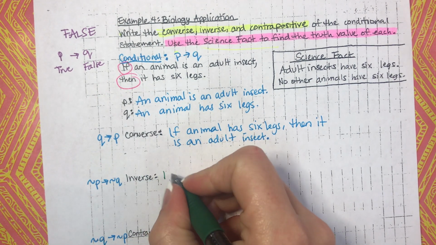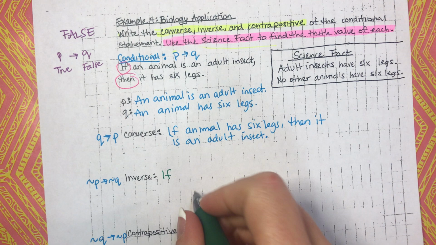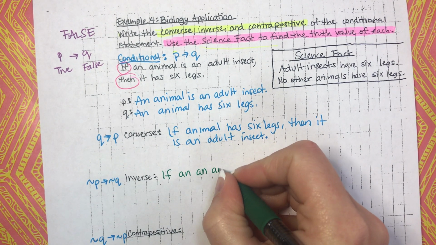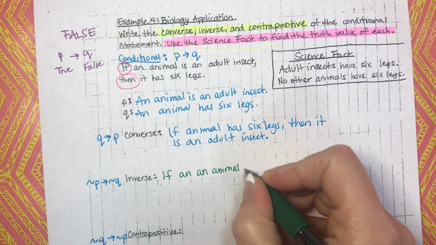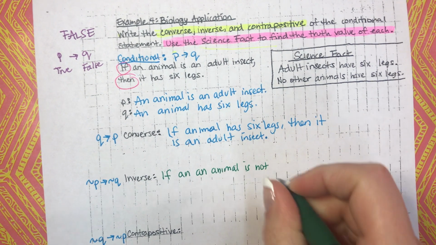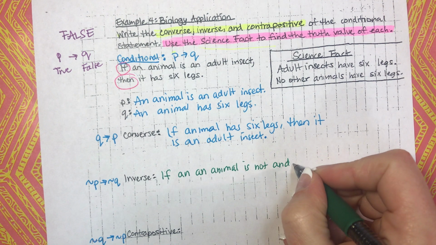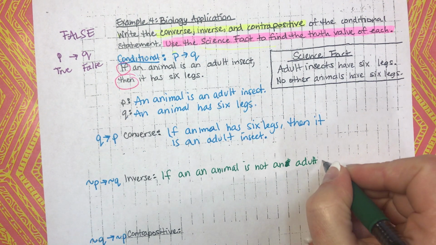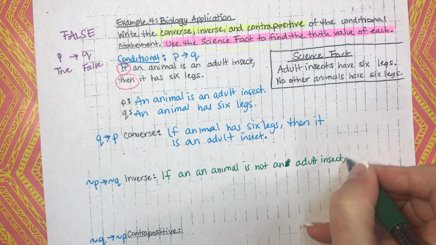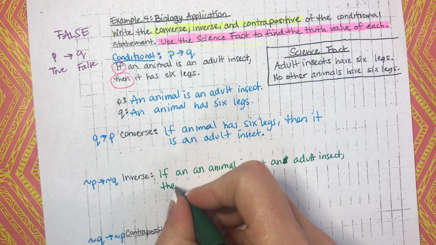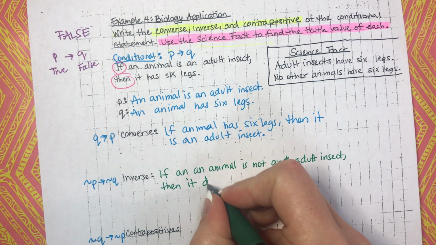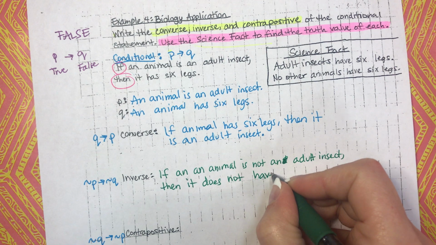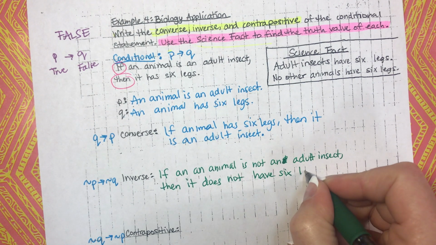If an animal is not an adult insect, then it does not have 6 legs.